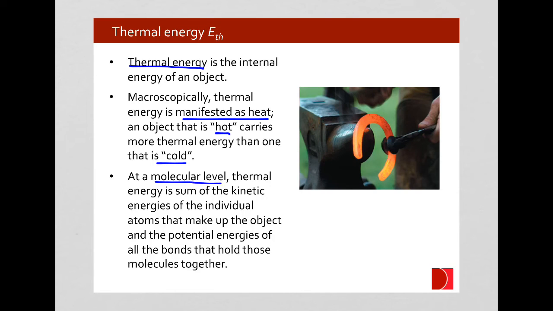At a molecular level, we can treat an object as a series of atomic nuclei that are connected by springs. These springs represent the molecular bonds between neighboring atomic nuclei.